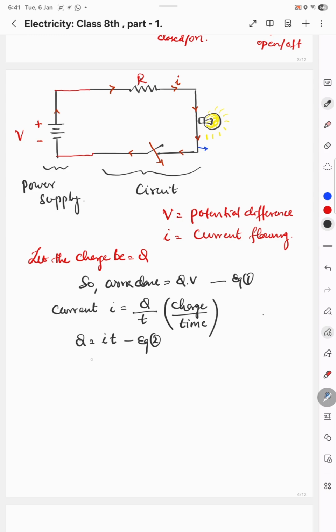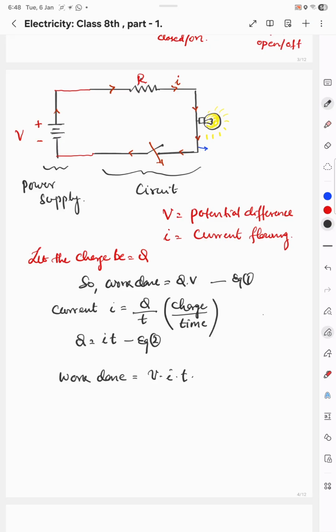So if I put this value of Q into this equation 1, we get work done is equal to V into I into T. Now what is this work done and who is doing this work?